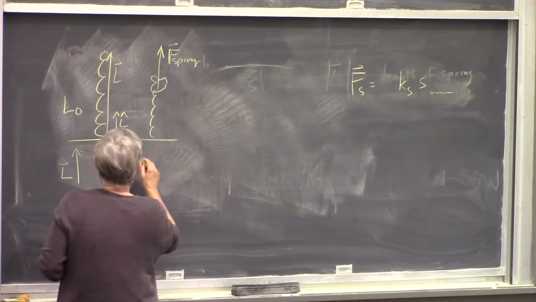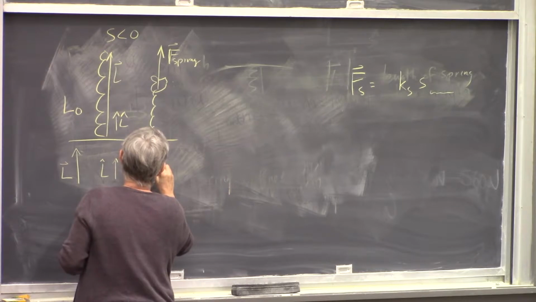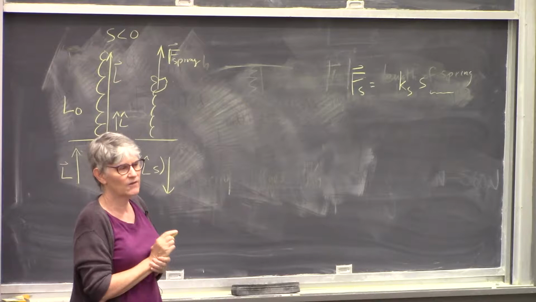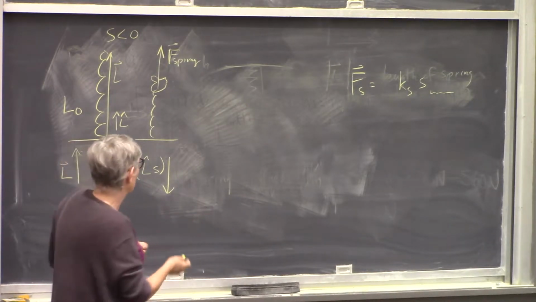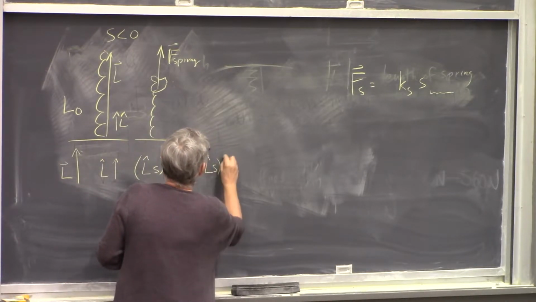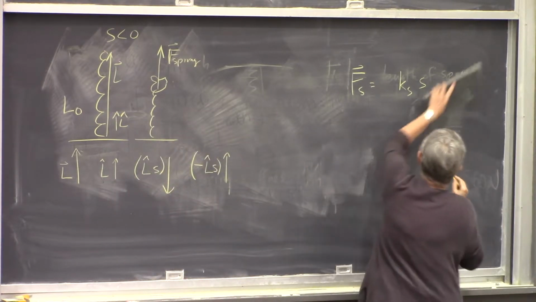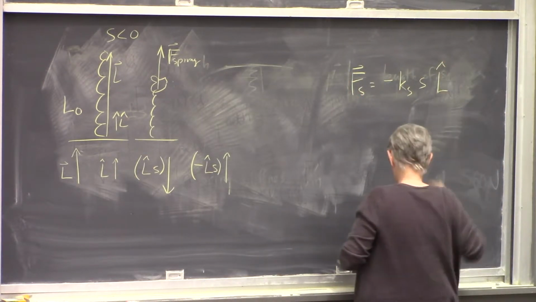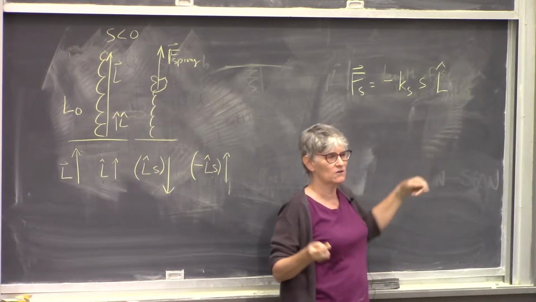Stretch is negative, so the quantity L hat times the stretch is actually going to point down, which is not the direction we want for the force, so we better add a minus sign. And so if we have minus L hat S, that points up. And so it looks like we can write this equation as minus K sub S times S times L hat, and that should actually give us the right magnitude and the right direction for this force.